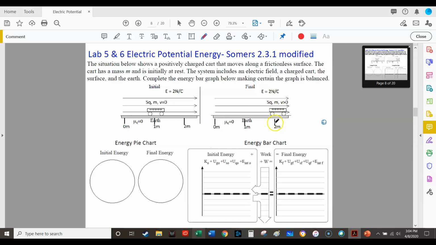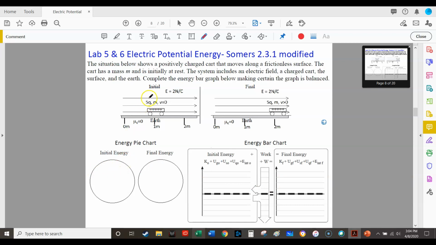It's also still in an electric field that is 2 newtons per coulomb. So go ahead and draw the initial pie chart and final pie chart, as well as the initial bar chart and final bar chart. So take some moments and draw that right now. Hit pause, please.